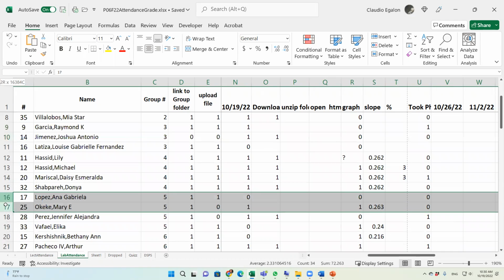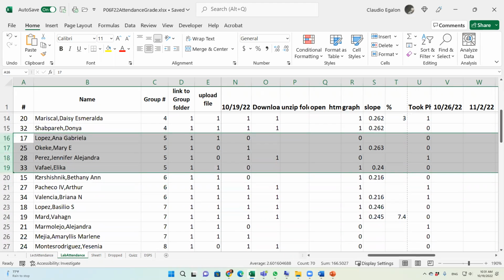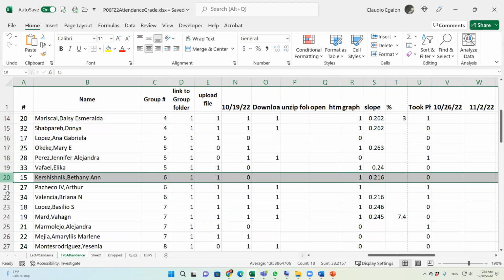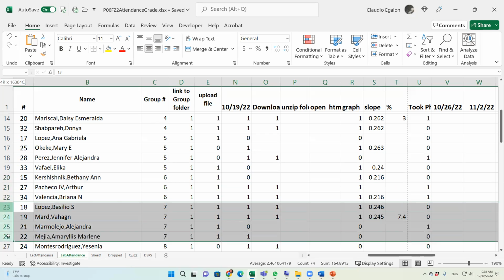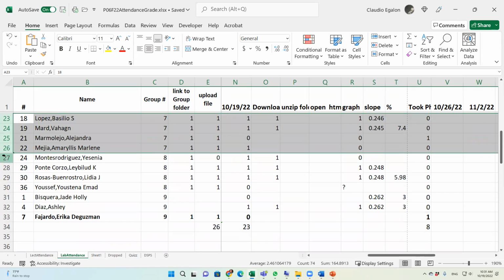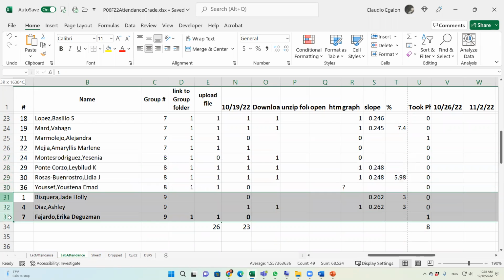Group number 5 has 2 students today, right? Doesn't mean that any of them dropped. Group number 6 has 2 students. Group number 7 has 3 students. Group number 8 has 3 students. Group number 9 right now has only 1 student, right, Ashley? Are you there, Ashley?